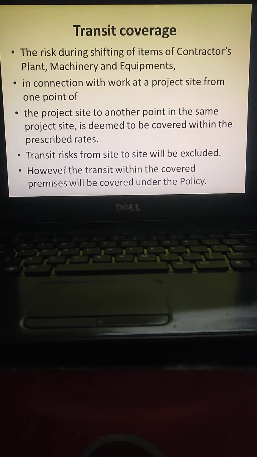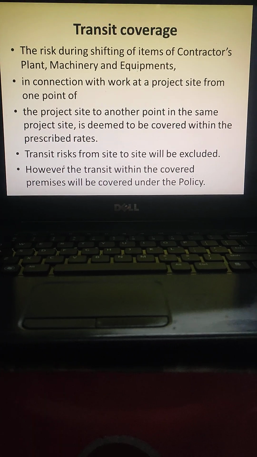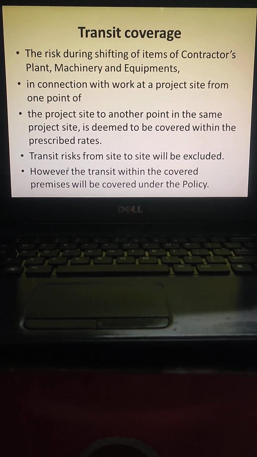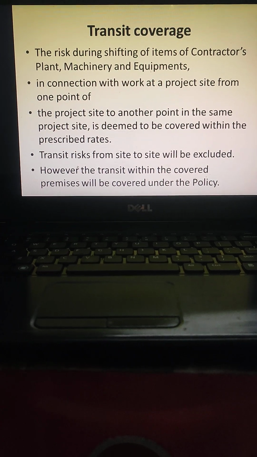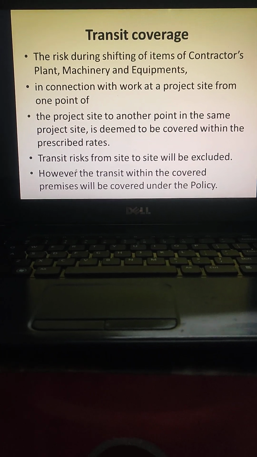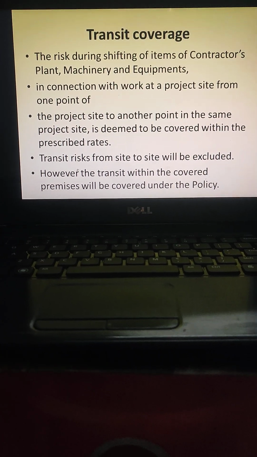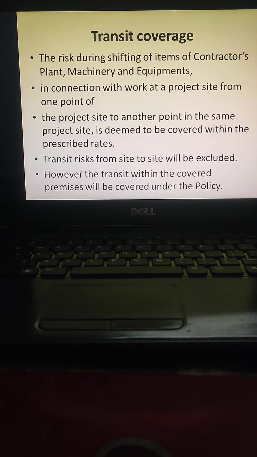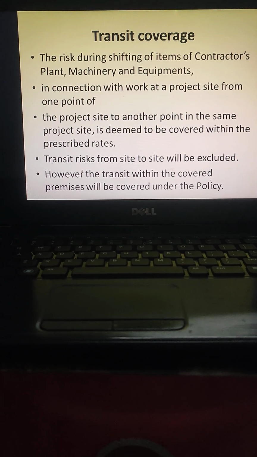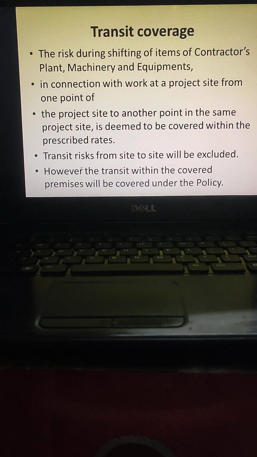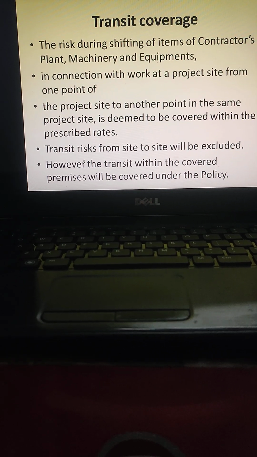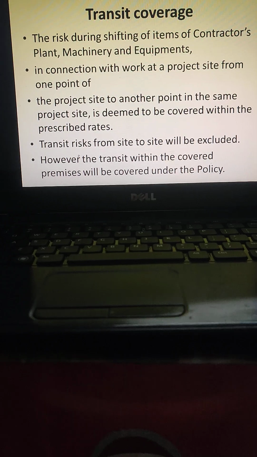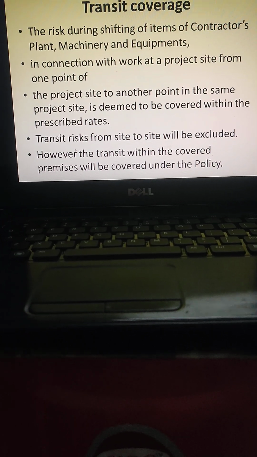So normally for this kind of risk, either the machineries are carried through the marine transit policies or the loaders. Loaders are used to carry. Certain companies are providing this transit coverage as an add-on cover to the policy.